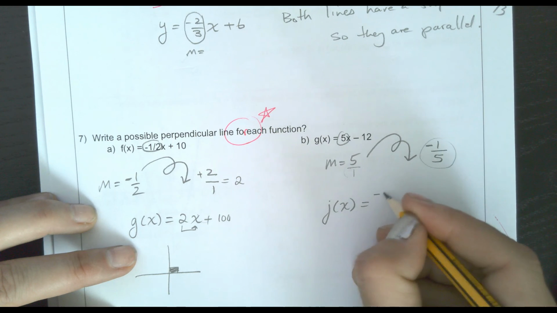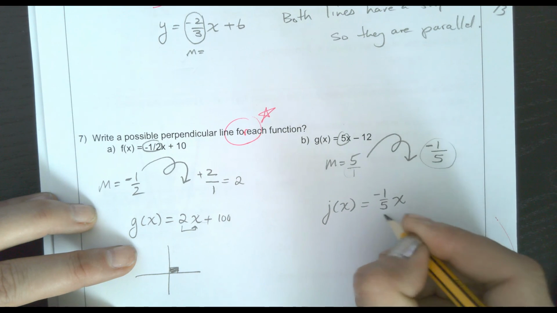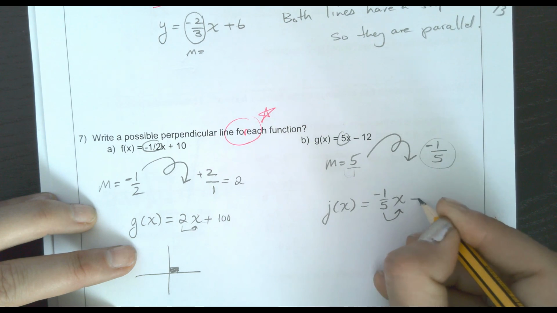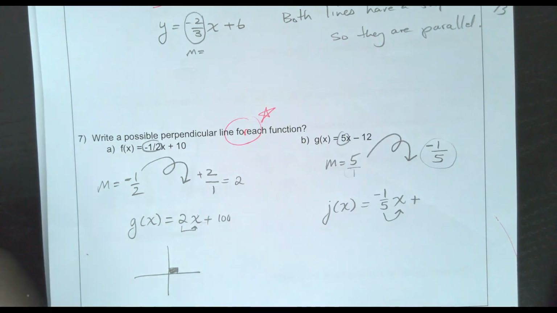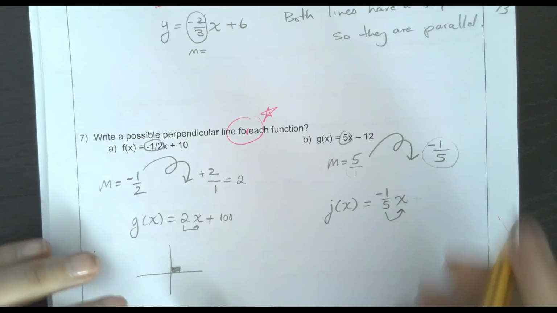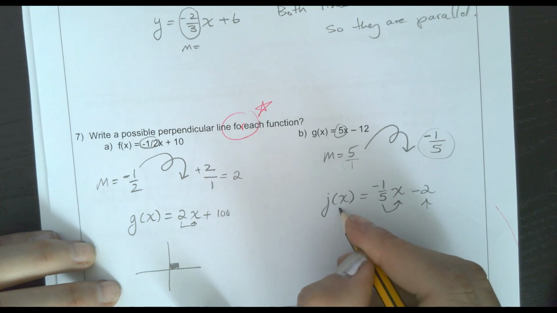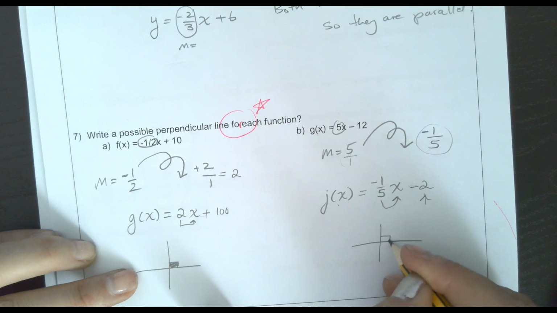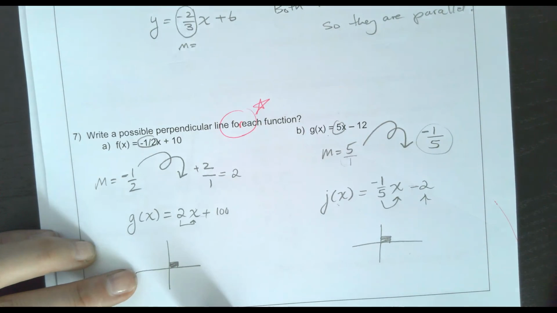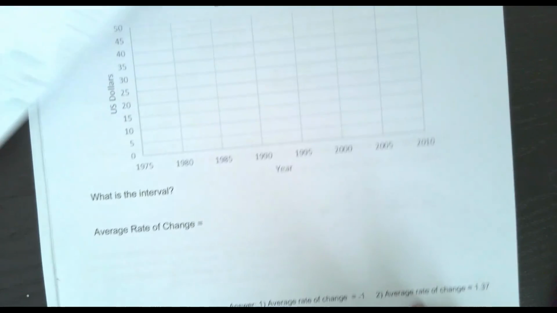This is my new slope. Slope always goes beside the x. And then you pick any number here. I'm going to pick a negative number this time, negative 2. It doesn't matter what you choose for your y-intercept. But this function is going to be perpendicular to this function. I think that's it.